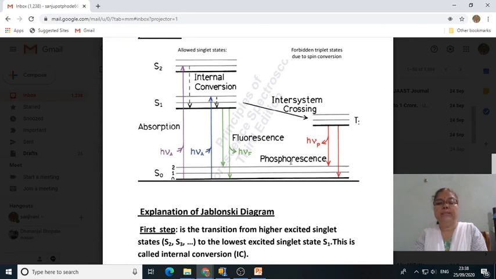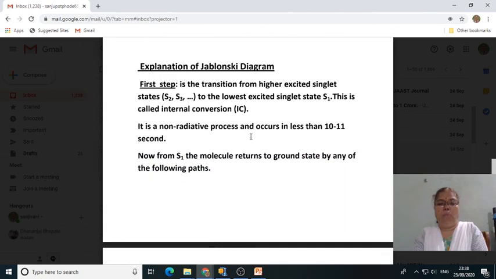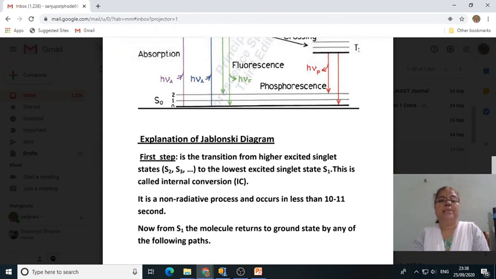For this reason, phosphorescence is also called delayed fluorescence. I hope you now have a little idea regarding fluorescence and phosphorescence. In the next lecture, I will again explain the Jablonski diagram and what luminescence, chemiluminescence, bioluminescence, etc. are.